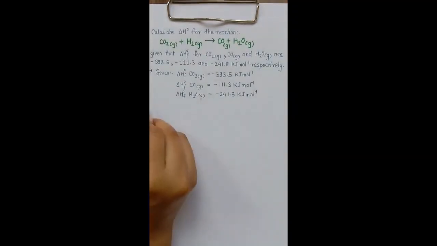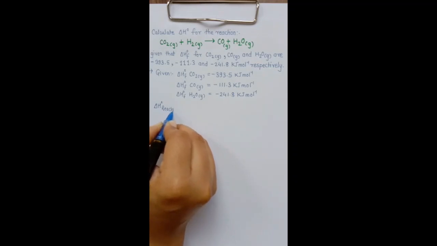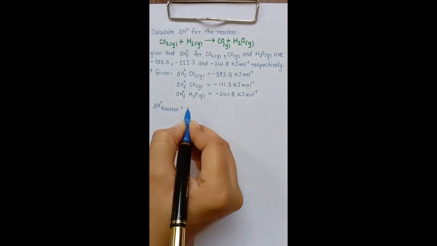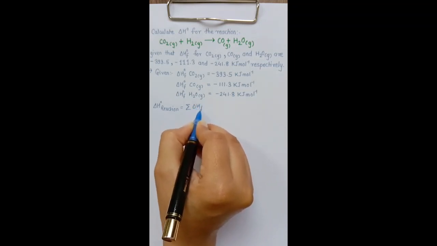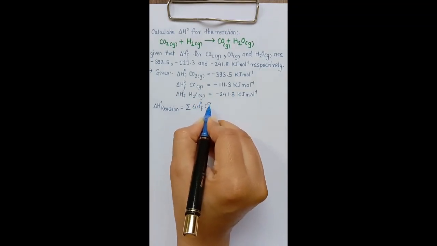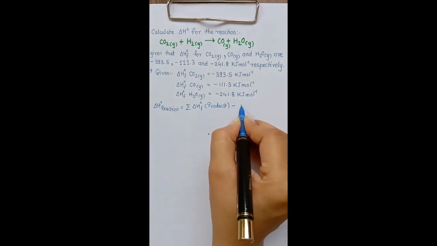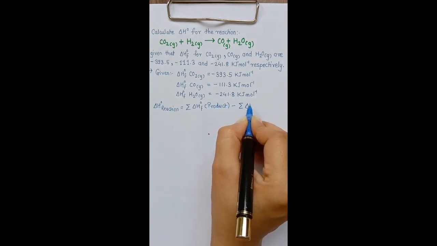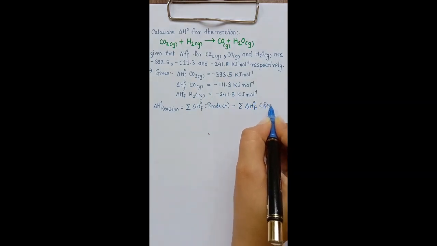Okay, so we know the formula that delta H naught for the reaction is equal to summation of delta HF naught of products minus delta HF naught of the reactants.